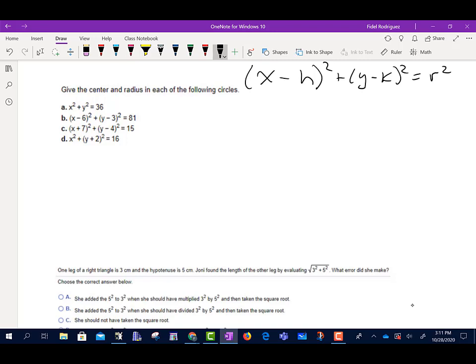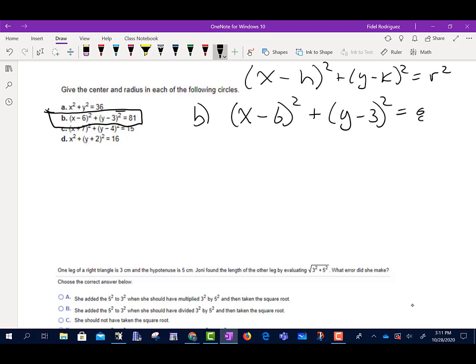And we're going to do this in pieces. I'm actually going to do part B first because I want you all to do a little stare and compare with me. When I do part B, look at the formula: (x minus 6) squared plus (y minus 3) squared equals 81.